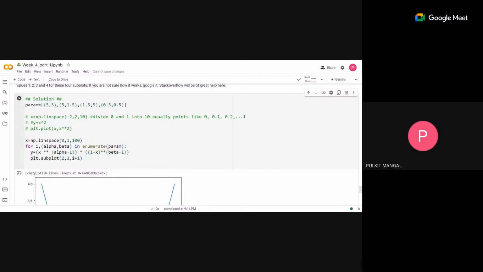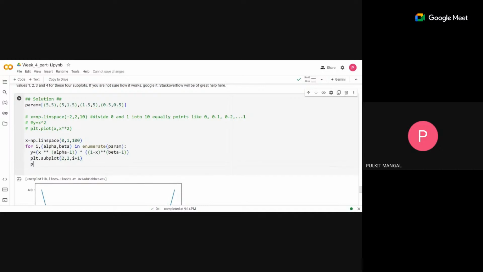Alpha, beta will take the 5 comma 5 value and pass it into this function. You will get the y value, and then plt.subplot will create a 2 comma 2 grid, and the index you get here is 1 because 0 plus 1 is 1. So for 5 comma 5, it will plot this graph in the first position, and then for the next it will go in second, then third, and fourth.